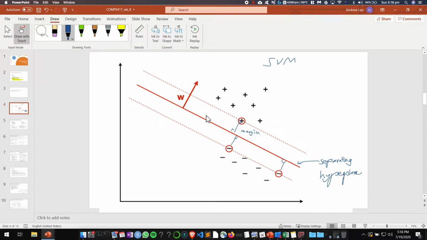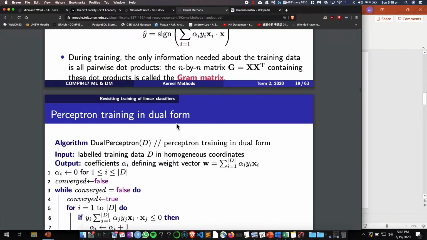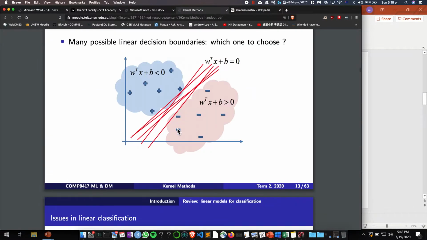This is a separating hyperplane here, and this is the distance between the separating hyperplane and the closest point of each class to that margin. This is the entire concept behind the support vector machine. We want to maximize this margin. So back up above here.